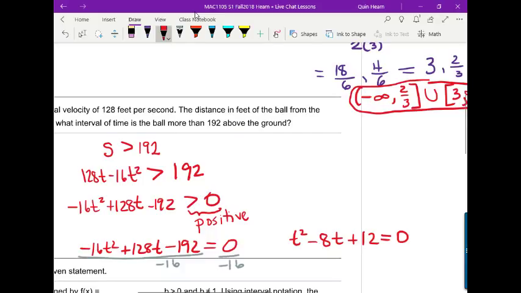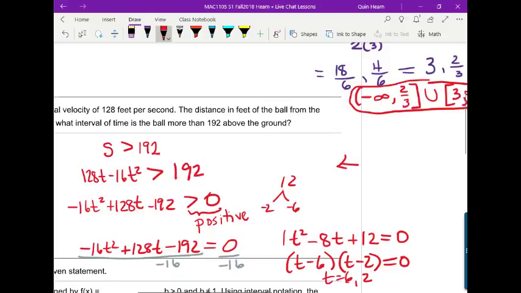Factoring will be nice, because what two numbers multiply to give you 12 and add up to negative 8? That would be negative 2 and negative 6. Since the coefficient is 1, we can just jump to the end, and this is going to be t minus 6, t minus 2 equals 0. Setting each part to 0, then we get t equals 6 or 2.